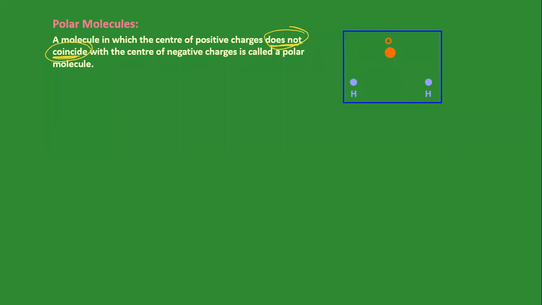Polar means does not coincide, and non-polar means coincide. Now you can see here the H2O molecule. The structure is like this, so the dipole moment of this molecule is shown like this. A polar molecule does not have a symmetrical shape.